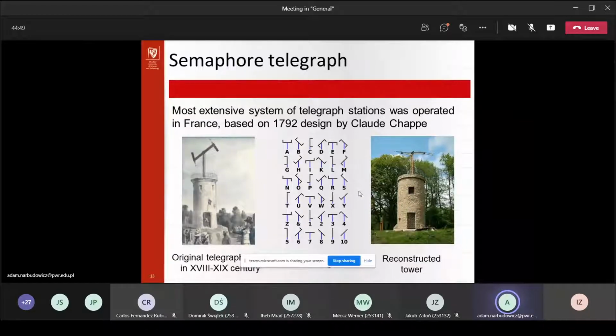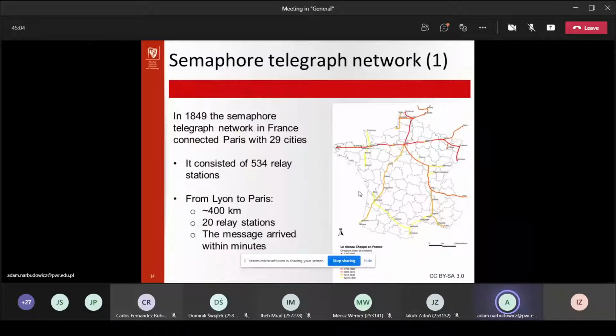Okay. And this principle, as we'll see later with some IQ modulations, is actually a principle which still holds until today. Okay, and just to finalize on the semaphore telegraph.